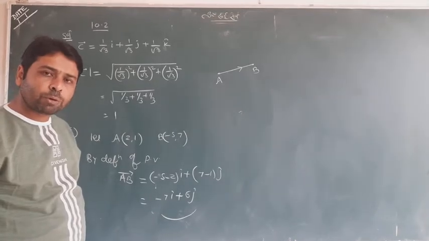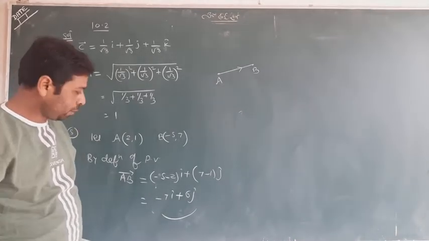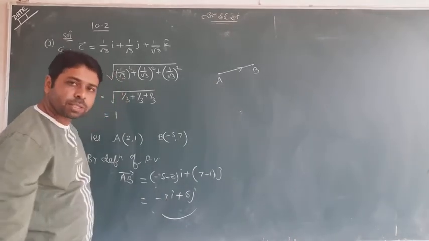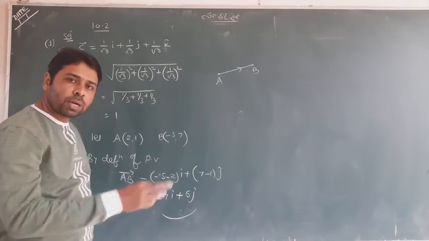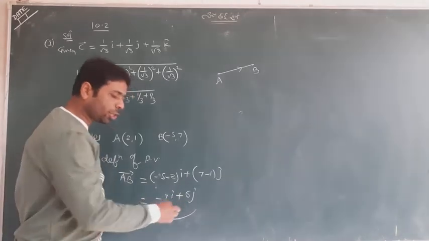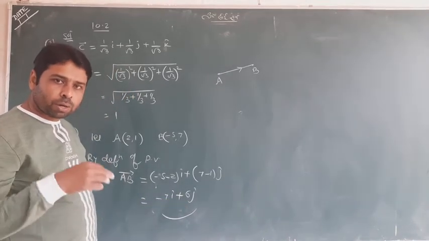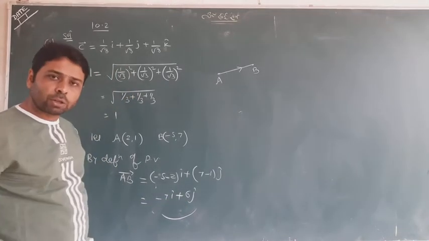Now I would speak about the components. Minus 7i is the vector component of AB along the x-axis, and 6j cap is the vector component of AB along the y-axis.